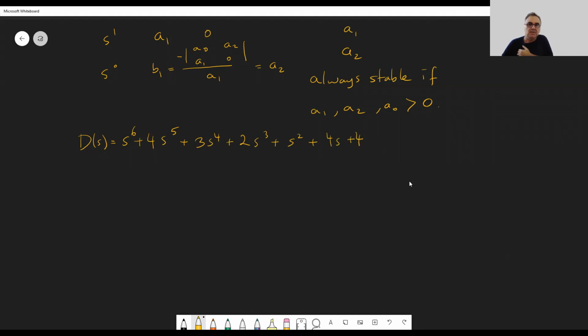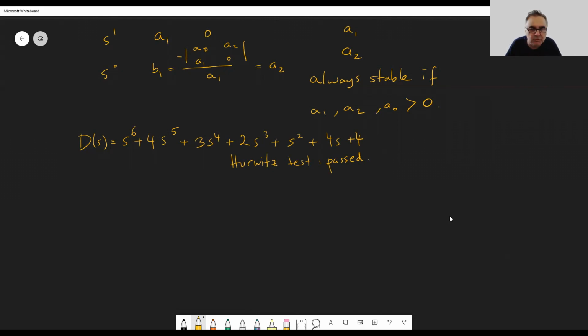Okay. It passes the Hurwitz test. Let's say passed, because all the coefficients are positive and they are non-zero. You cannot have 0.